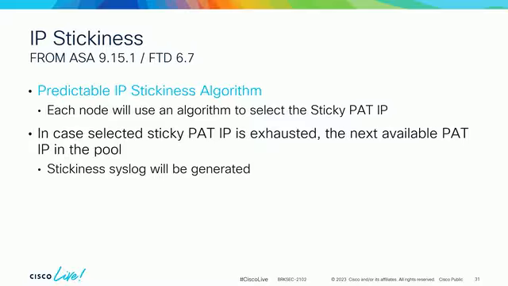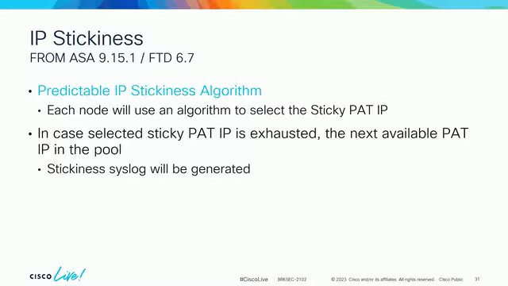So if a host is generating multiple connections, then each unit will use the stickiness algorithm to determine the IP address to translate the traffic coming from that host. The only exception would be if that sticky IP address is exhausted. If it is exhausted, then the firewall will choose another IP address for allocating the translations.